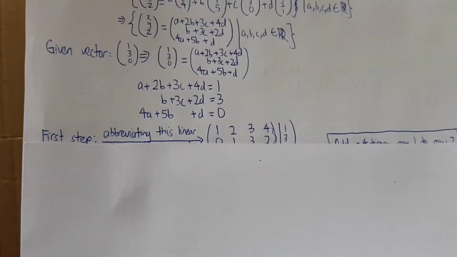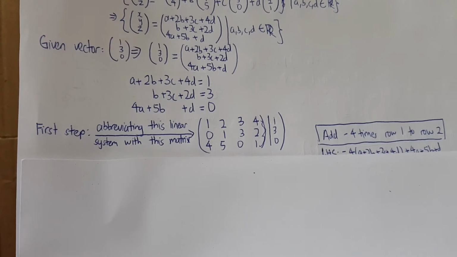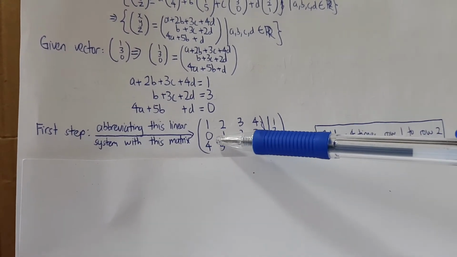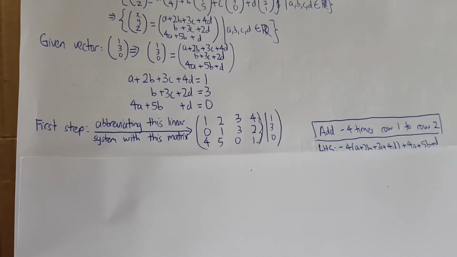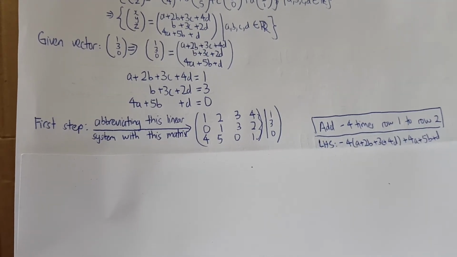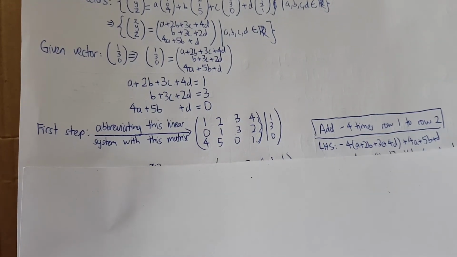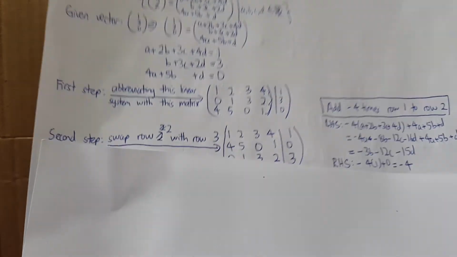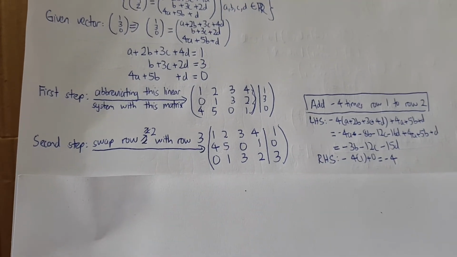The first step, we abbreviate this linear system with this matrix. You notice that row 2 has no coefficient of a. Hence, we swap row 2 with row 3 and we get this matrix.